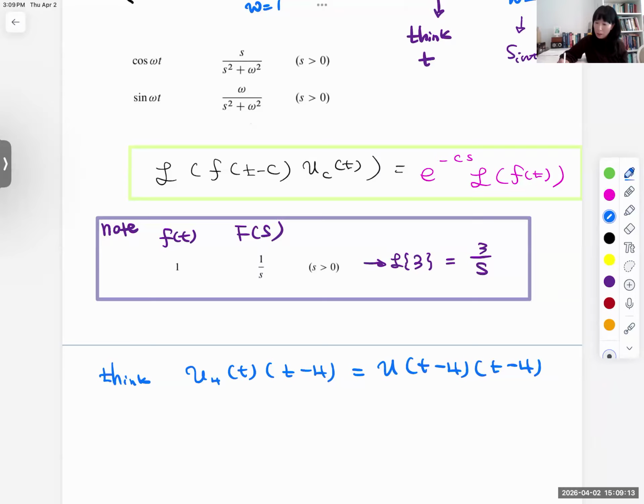This is the same as e to the negative 4s, and then 1 over s squared, right?